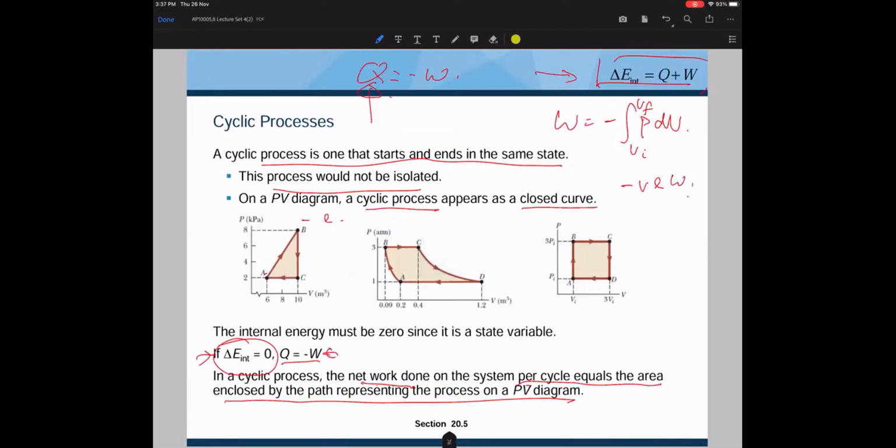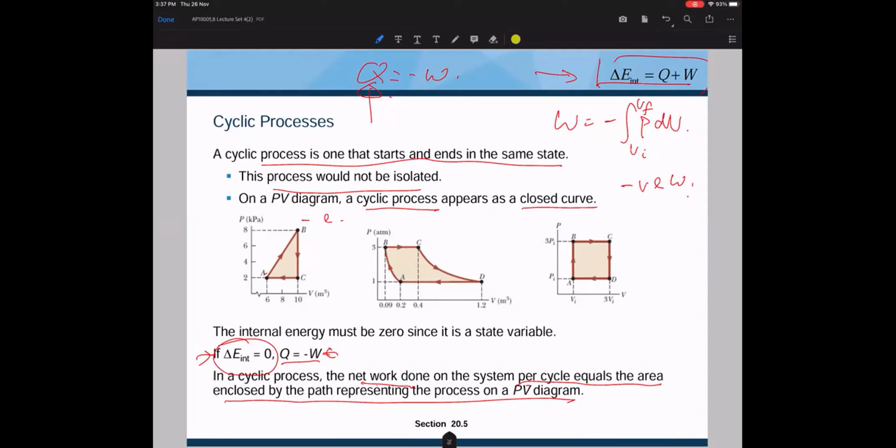And in order to make up the cyclic processes, there are many different combinations of intermediate paths. So there would be some journeys. For example, in the middle graph, you will see A, B, C, and D. This would be one possibility. And another possibility to have a cyclic process is maybe on the right-hand side, A, B, C, and D, which is a rectangular shaped process.